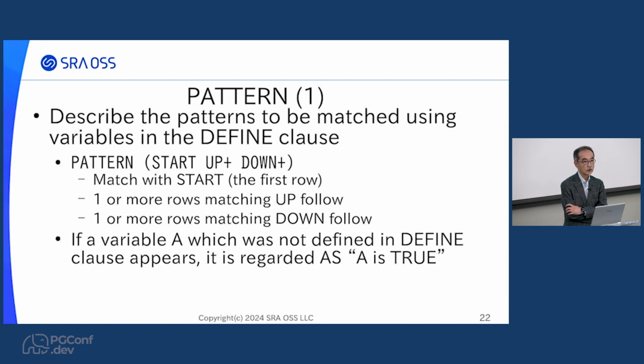One interesting aspect of the SQL standard is that if a pattern variable, for example A, is not defined in the define clause, but it appears in the pattern clause, it is regarded as A is true. This sounds a little bit strange, but actually the standard requires this. So we can omit this kind of pattern definition in the define clause.